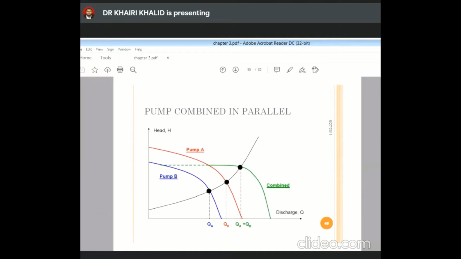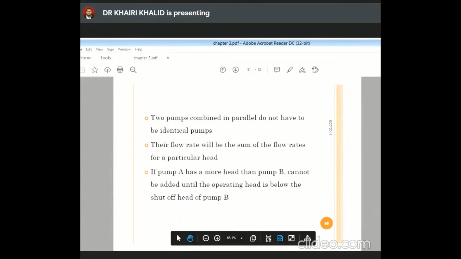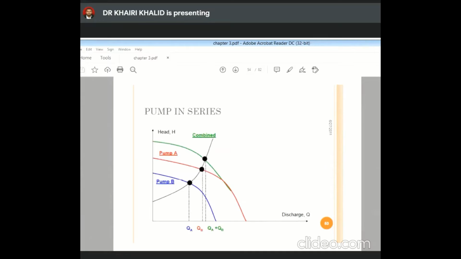This is another one. This is the pump in parallel condition. This is what we discussed just now, and then this is the system, plus one more, which is in series. Again, we have a head.